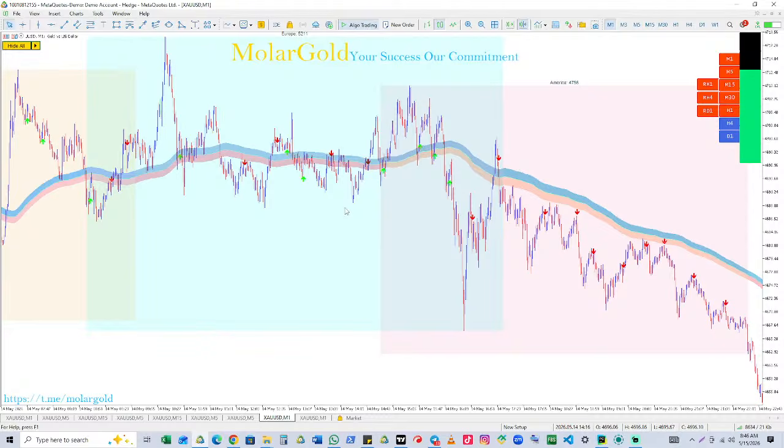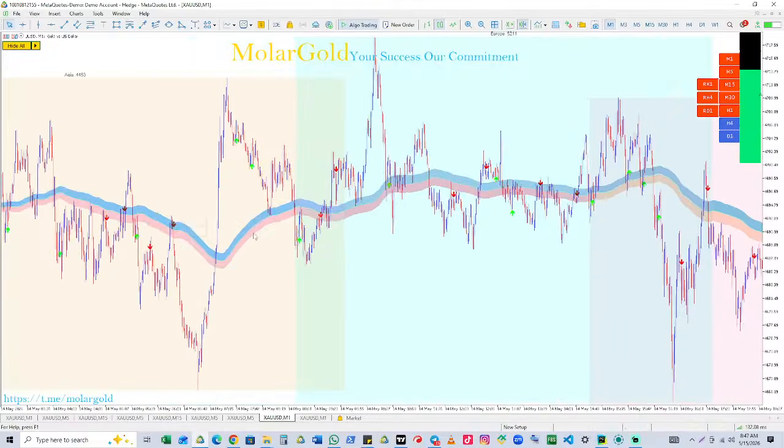So the first 45 minutes or 1 hour of London open, and then the first 2 hours of London, so within 3 hours. But usually the strategy starts mostly early London. All right. So the first 2 hours of London.